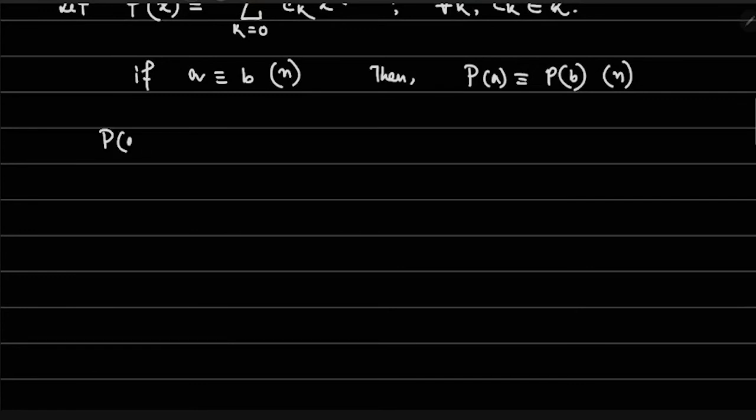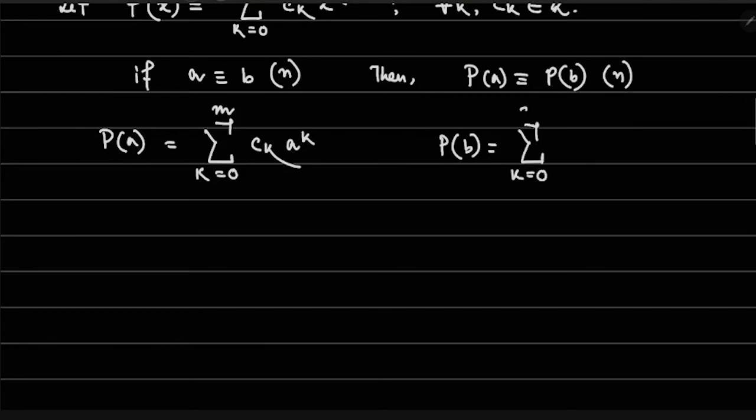P(a) will be what? P(a) will be the sum for k from 0 to m of ck a to the power k, and P(b) will be how much? That will be the sum for k equal to 0 to m of ck b to the power k.